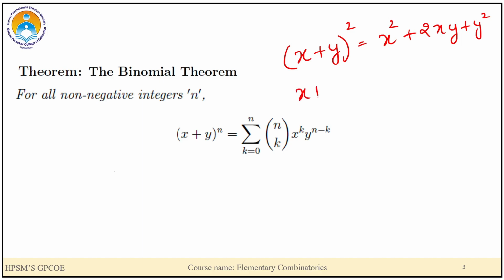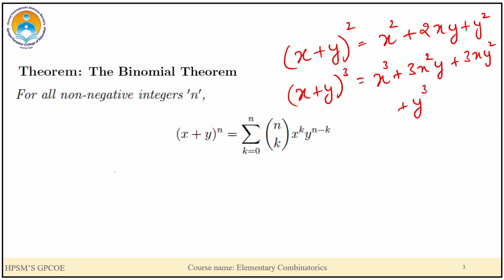Then again we have x plus y the whole cubed, which is equal to x cubed plus 3x squared y plus 3xy squared plus y cubed, and so on and so forth. Meaning, if you take any positive integer n, you can expand what is x plus y raised to n. So in some sense, we have all been introduced to the binomial theorem, but not in the form that we will look at in this course.